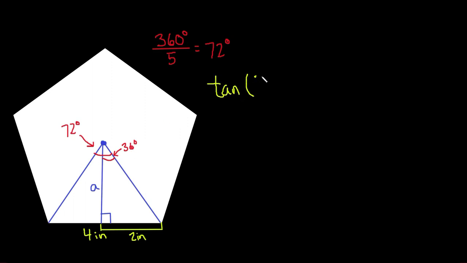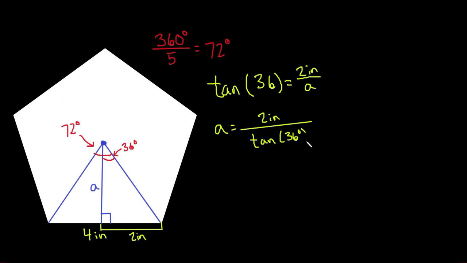So tangent of 36 equals our opposite, 2 inches, over our adjacent, which is our apothem. To solve for our apothem, we can just do 2 inches divided by tangent of 36 degrees. If you put that in your calculator, you're going to get 2.75 inches.